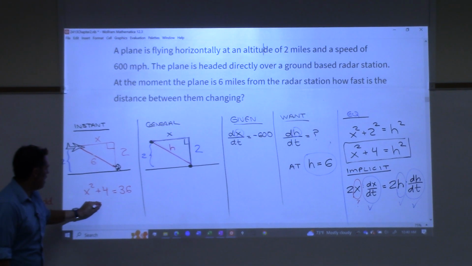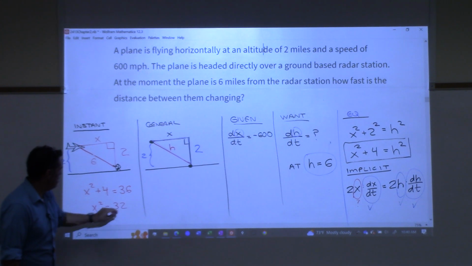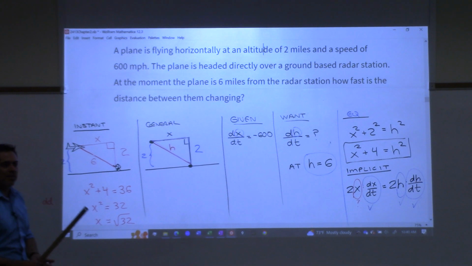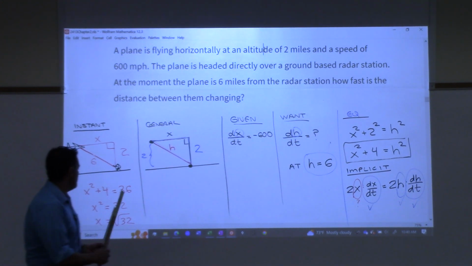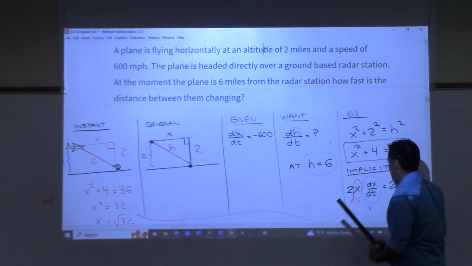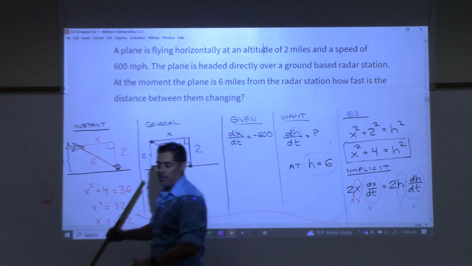And if you solve that, you get x squared is 32. And you take the square root on both sides and you get root 32, only taking the positive answer. See what I've done? And then we go back over here and we plug that in. And then once you do that, you can plug all the things in and you solve.